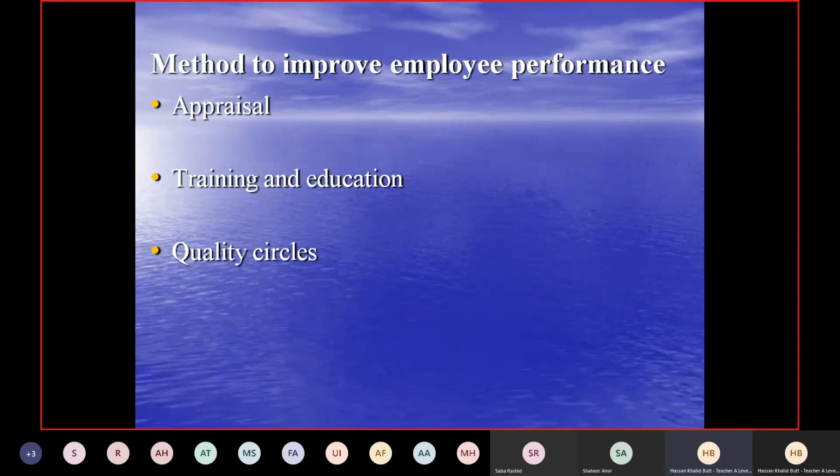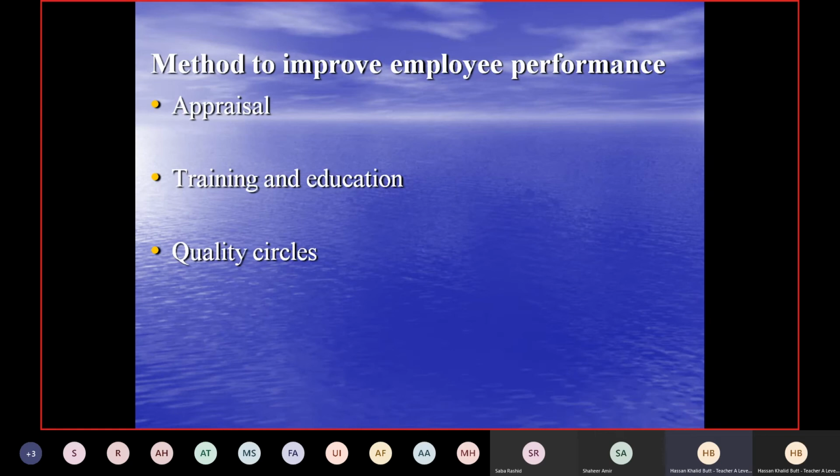Now it's easier to highlight the issues for the quality circle. Do you know why? Because in that workers group, there is representation of every single department, because they take workers from every single department. So obviously those workers know what are the issues faced by the workers in a certain department of the organization.